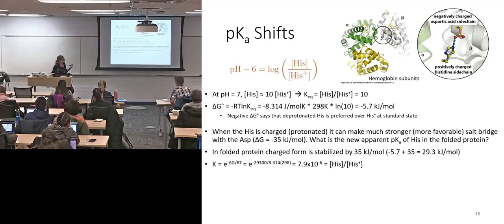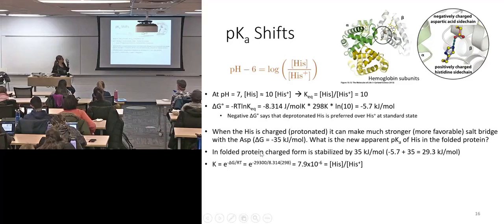I said there's sort of two things happening here. There's some spontaneous contribution for delta G in the forward direction for this reaction, protonated his taking the proton off. But I said when, in the other direction for that reaction, when the proton is on, that his would be able to make a really favorable interaction, a salt bridge with aspartic acid, that would contribute a release of 35 kilojoules of energy if it can make it.